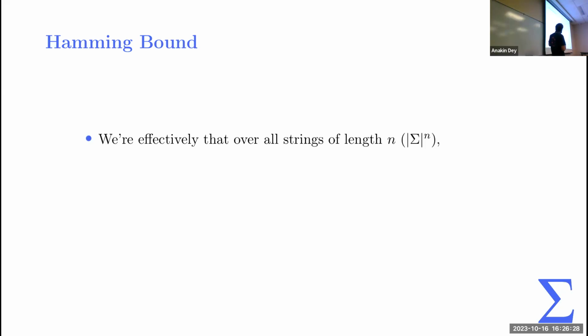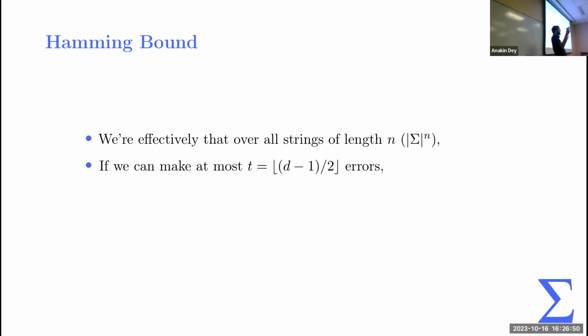So we're effectively considering that over all strings of length n, the size of sigma raised to, in our case, 2 to the n. We can make at most t errors, where t is the Hamming distance minus 1 divided by 2. And this is consistent with what you saw.